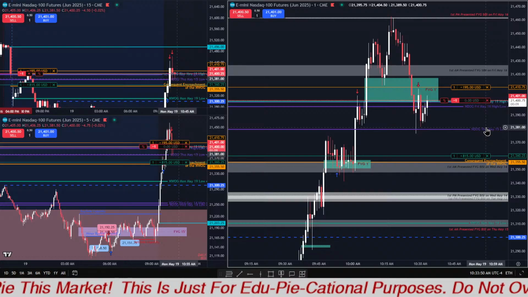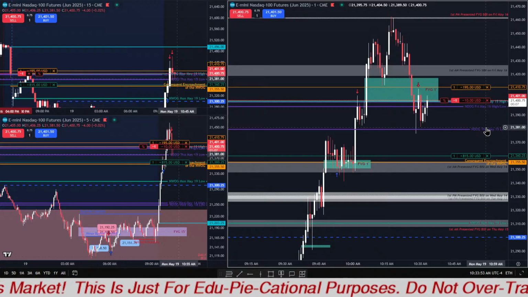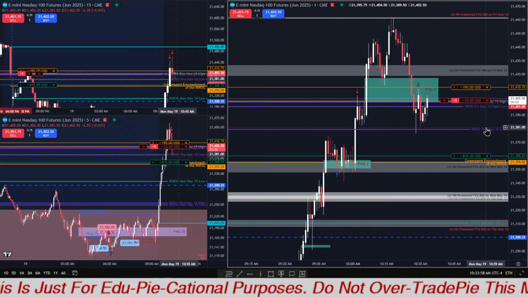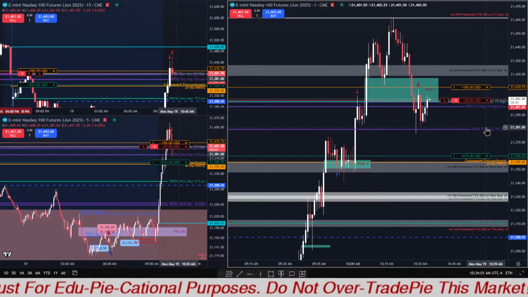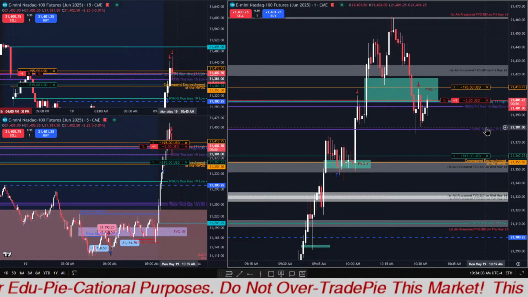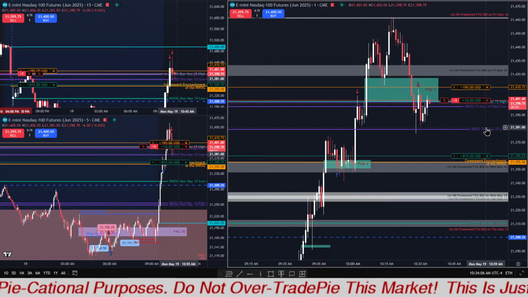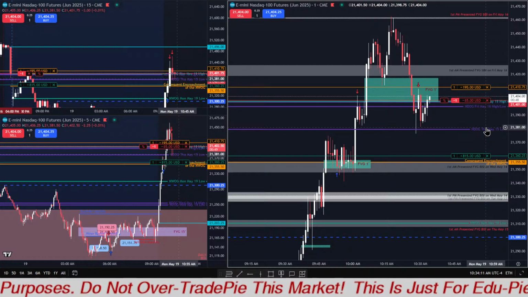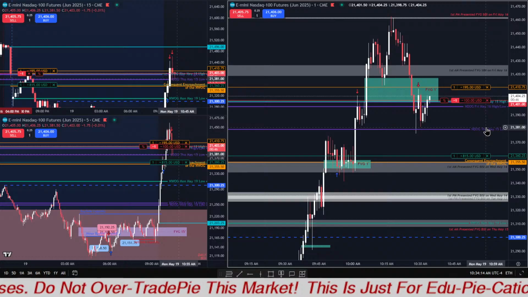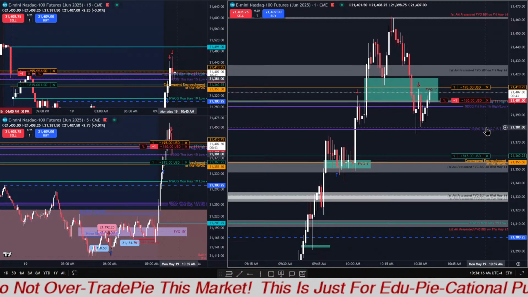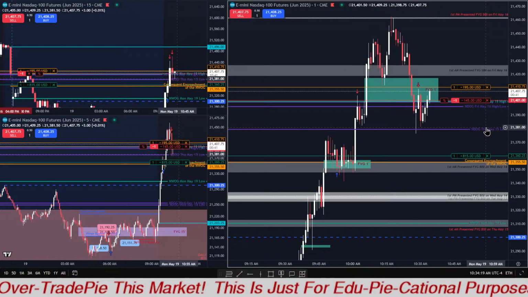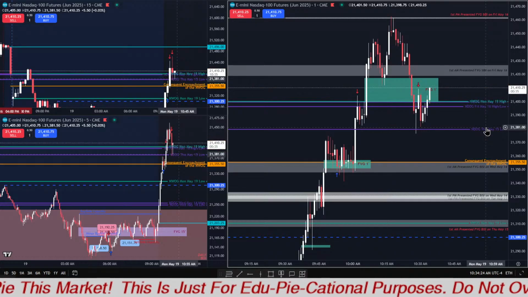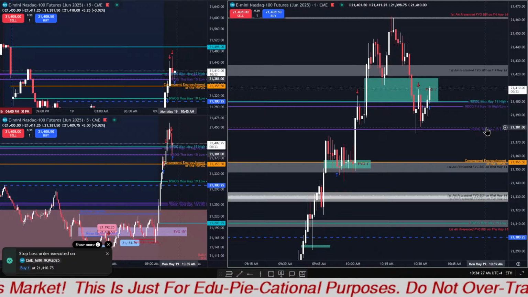Once again, we tapped into the inversion fair value gap. Okay, we got stopped out.